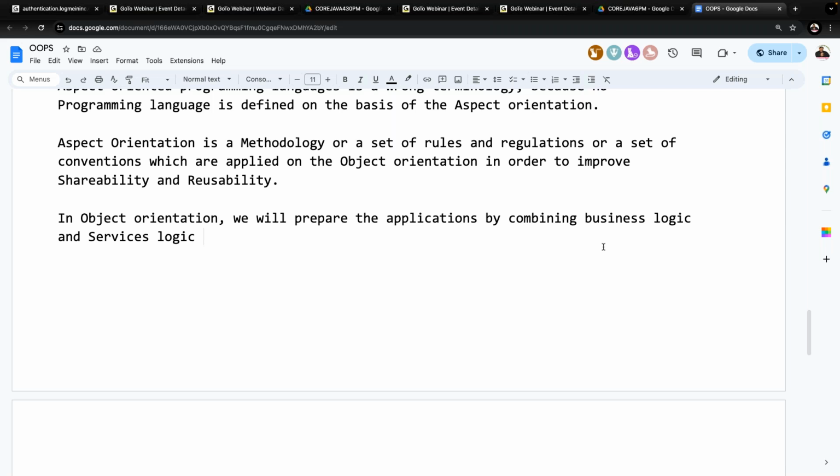Say for example, in Gmail we get one registration page where you might enter some details. When we click on the register button, before storing the data into the database, the Gmail application first has to check whether this data is right or not. The best example is password checkups. Minimum 8 characters we have to maintain, with some digits or special symbols, and there are different rules and regulations.